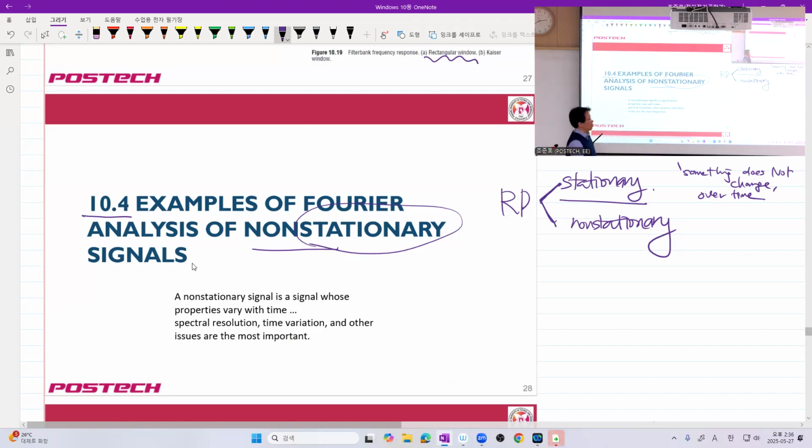And the level of that something determines different levels of stationarity. We may have strict sense stationarity, first order stationarity, second order stationarity, so-called wide sense stationarity, and sometimes cyclostationarity and other things. A lot of different levels of stationarity.